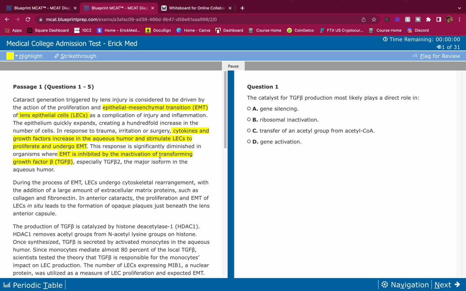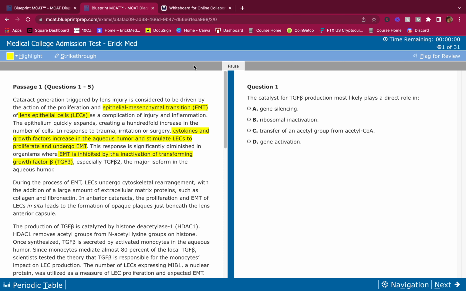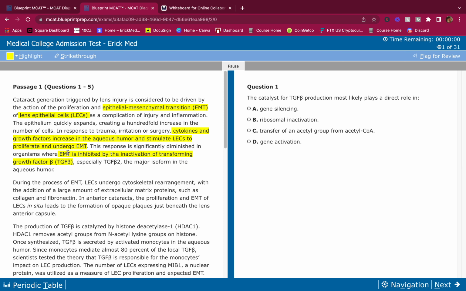EMT inhibited by inactivation of transforming growth factor TGFB. So what I'm going to write is this. When we have a decrease in TGFB, this is equal to a decrease in what?